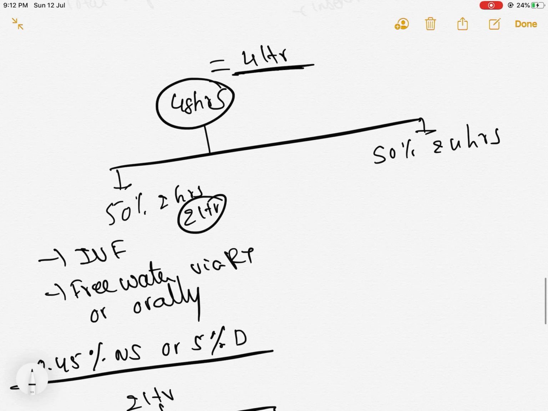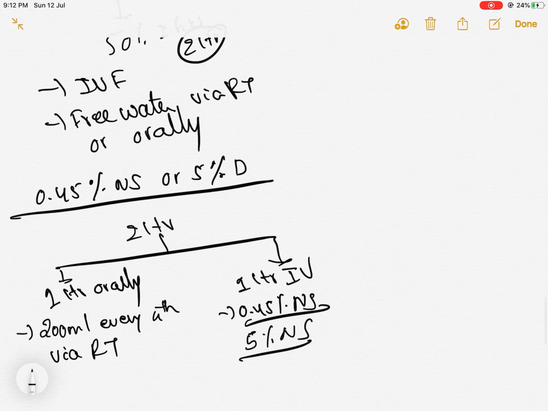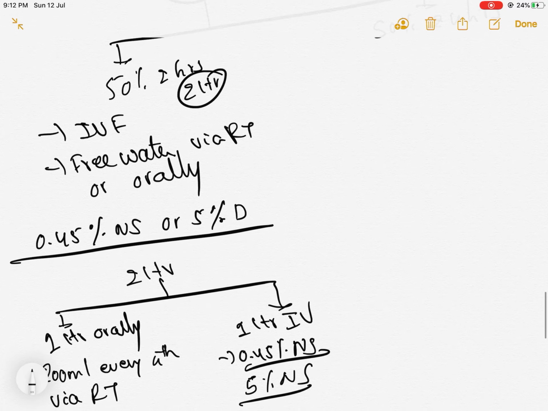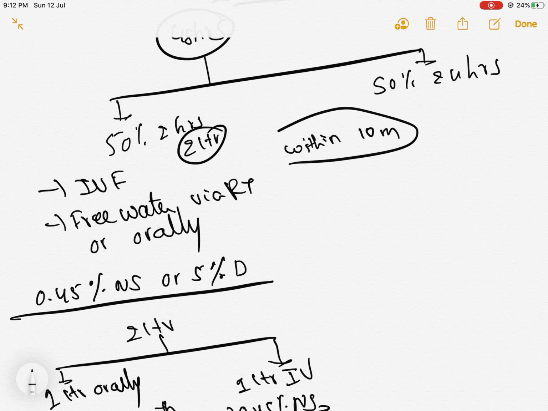Then after 24 hours, when you start correcting, every 6 to 8 hourly you have to monitor the sodium and recalculate again according to the response. If within 24 hours the correction is about 10 milliequivalents, then you stop the correction at that point of time.